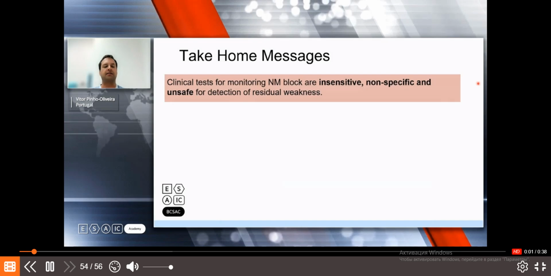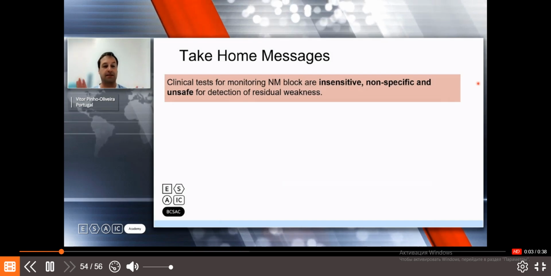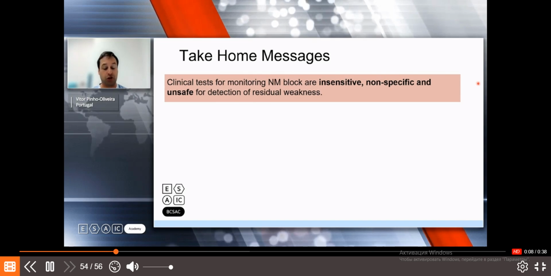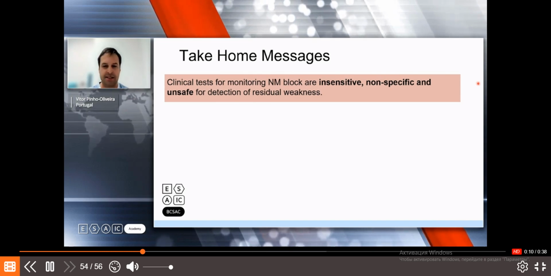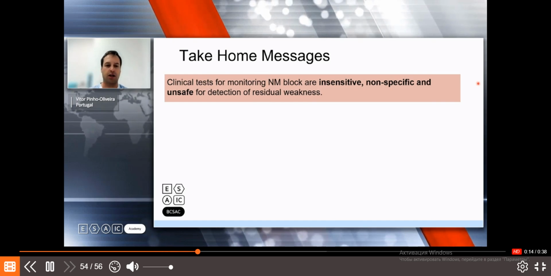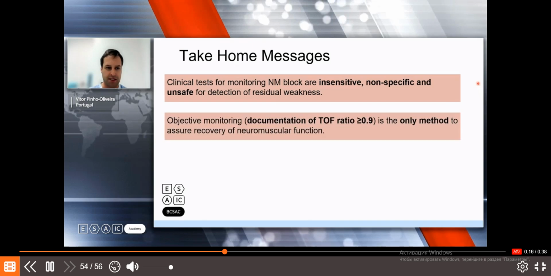And my take-home messages are these ones. The clinical tests for monitoring the neuromuscular block are insensitive, they are non-specific, and they are unsafe for detection of residual weakness.